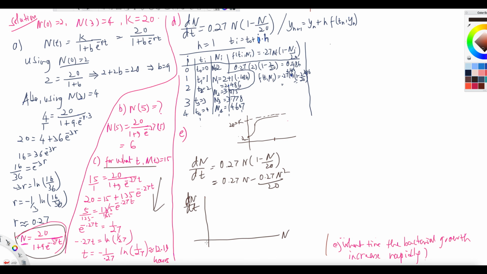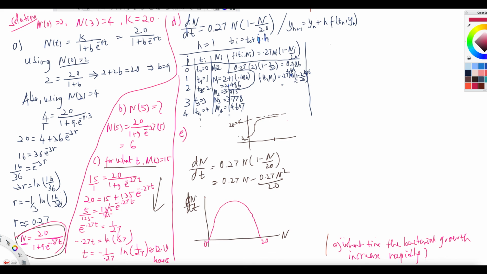The right-hand side plot will look like this. Because it has N squared and N terms and no constant term, it passes through the origin, goes up and then comes down. So dN/dt is 0 at N equals 0 and 0 at N equals 20.